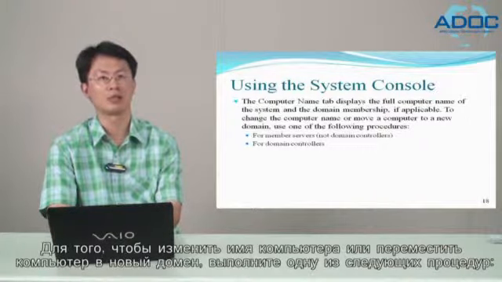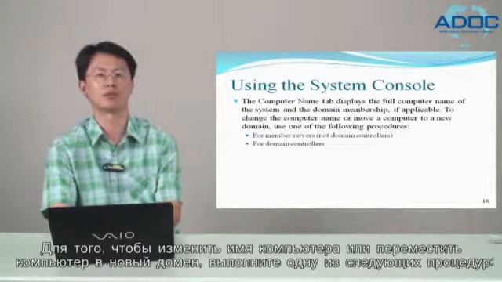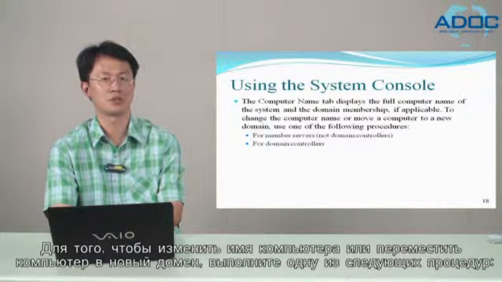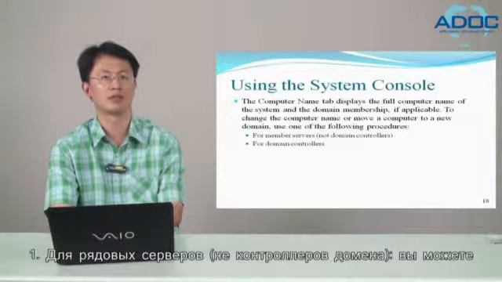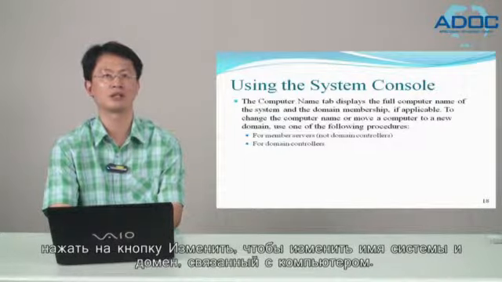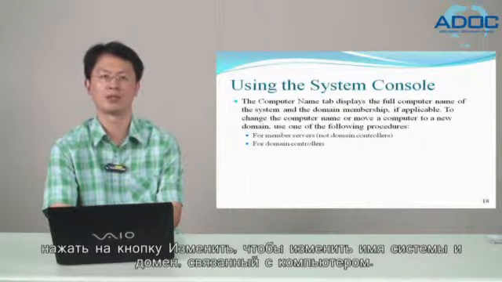To change the computer name or move a computer to a new domain, use one of the following procedures. First, for member servers, not domain controllers, you can click Change to change the system name and domain associated with the computer.